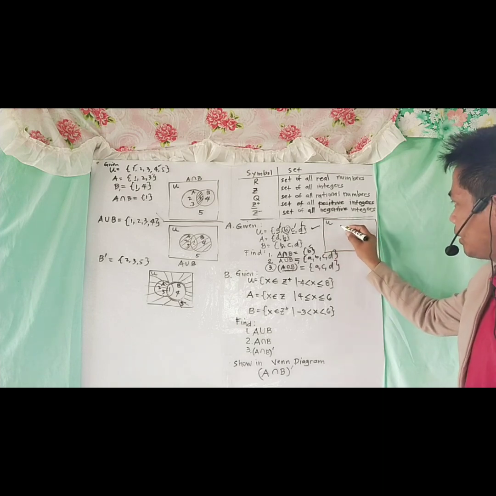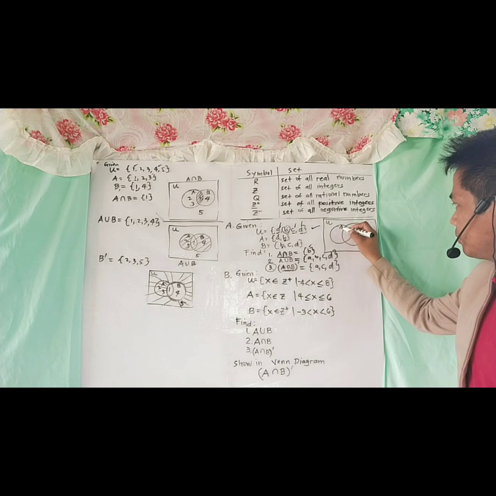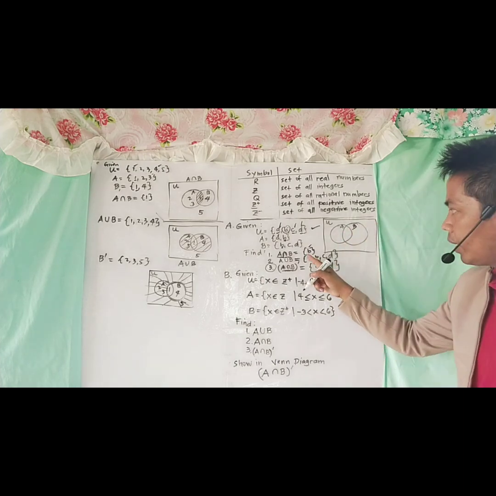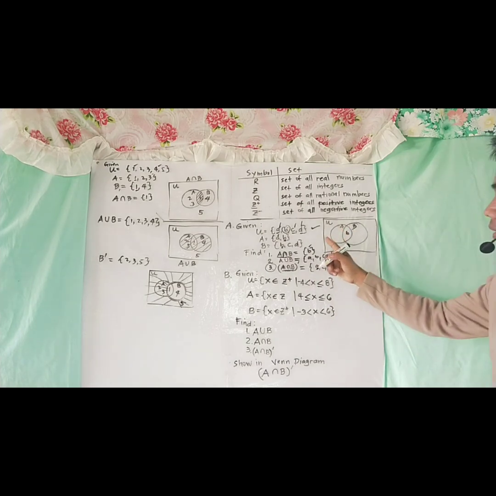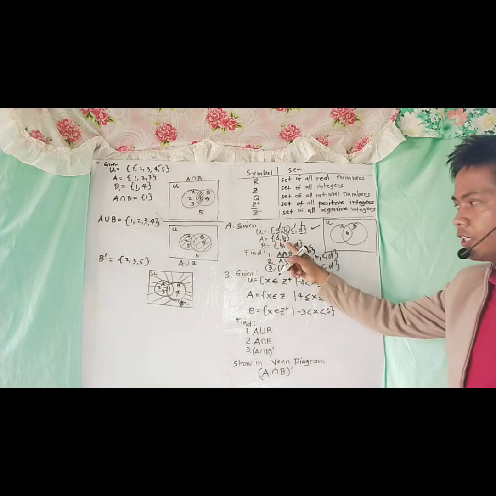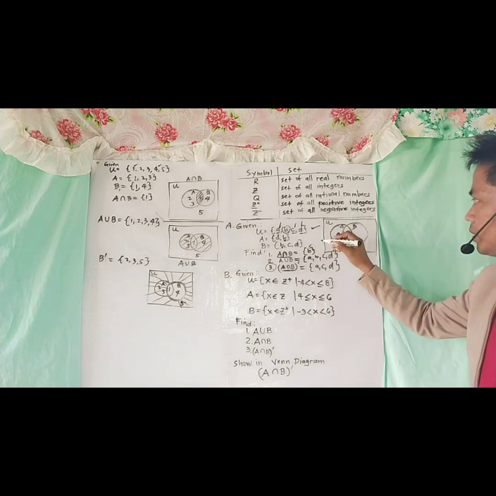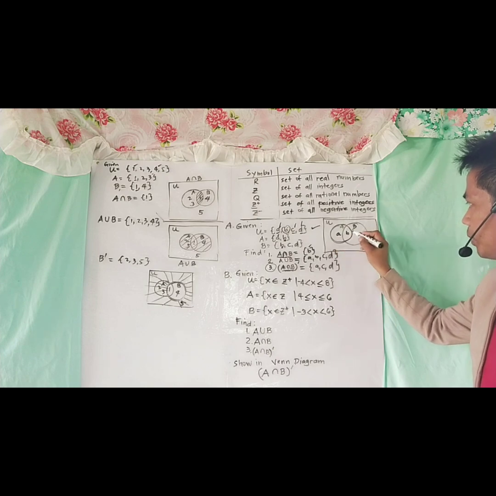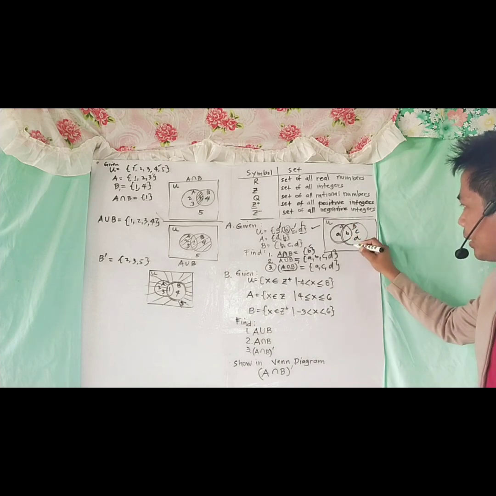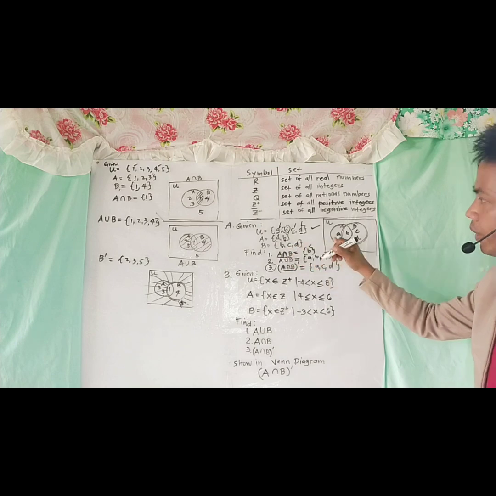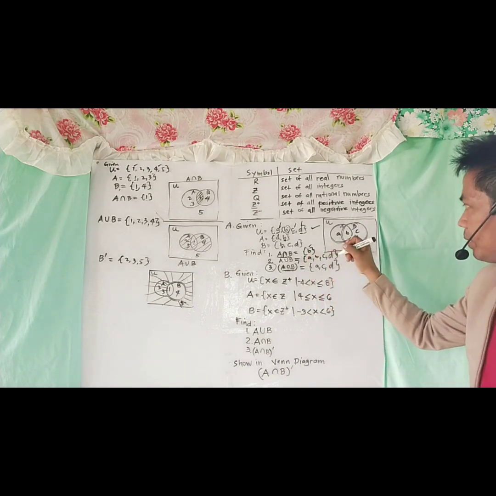We have set A again, and set B. The intersection of set A and B is B. For set A, the elements are A, B. It has only two members, so we have A and then B. A, B are the elements of set A. Set B, the elements are B, C, D. So this time, the intersection is B.